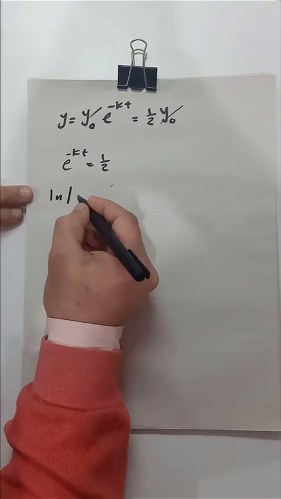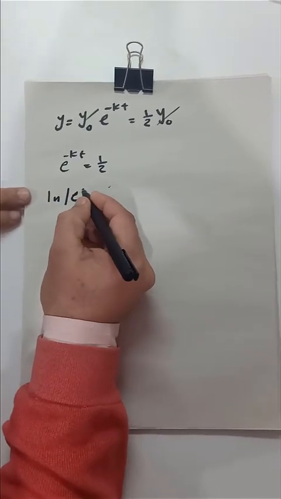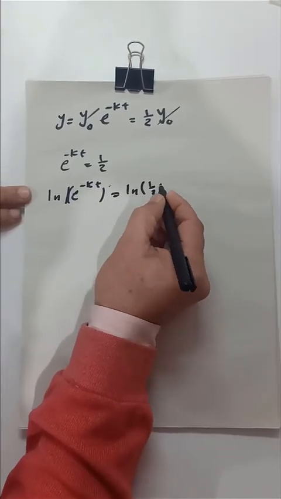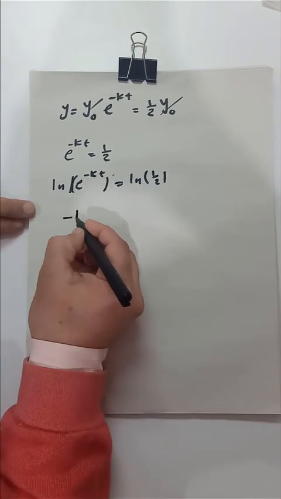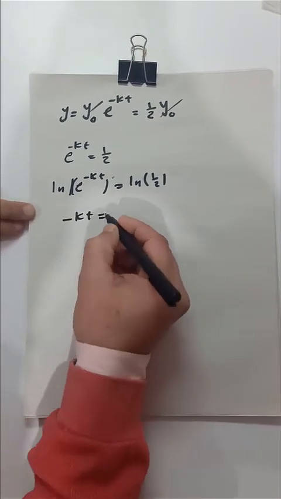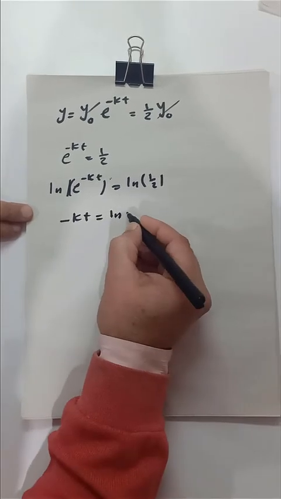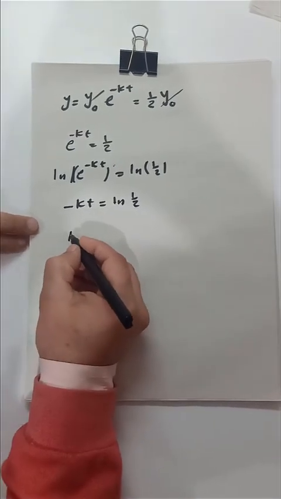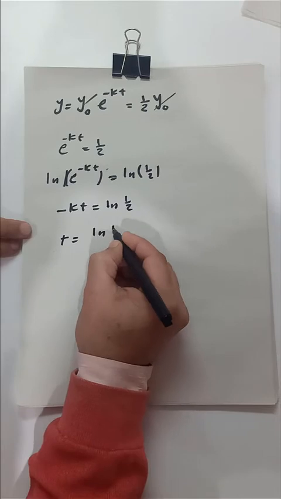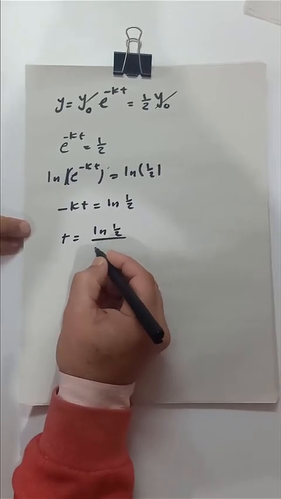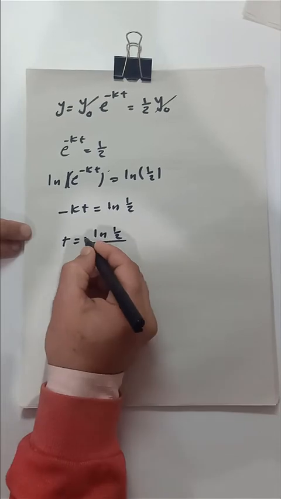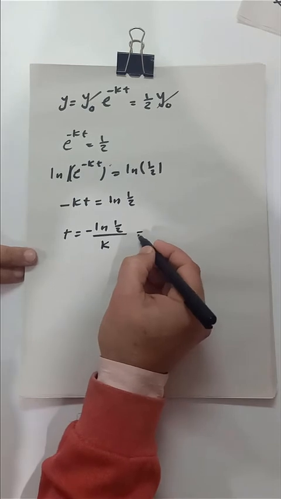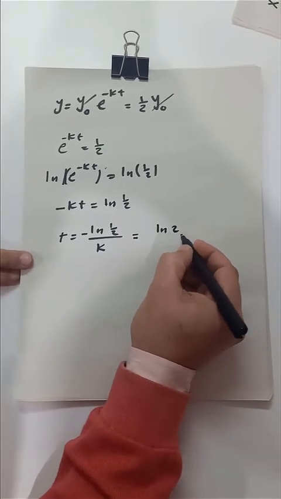By taking ln, negative kt equals ln half. So t equals ln half over negative k, or negative ln half over k. Negative ln half equals ln 2 over k.